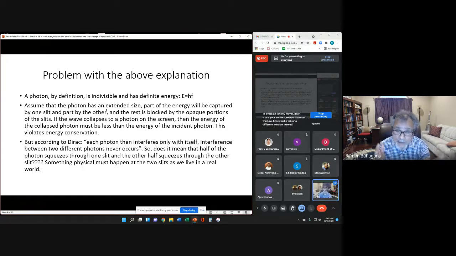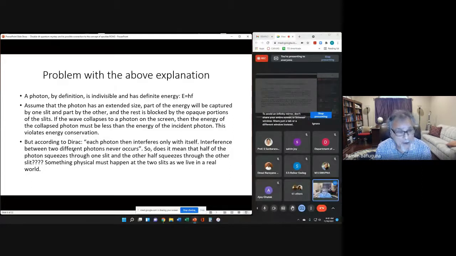Most of the double slit screen is opaque. Both slits are actually very, very narrow, so most of the energy should be blocked. Very little energy should go through. But then we say that finally we get a photon on the observation screen. So how can the photon have the same energy when some of the energy was blocked already?